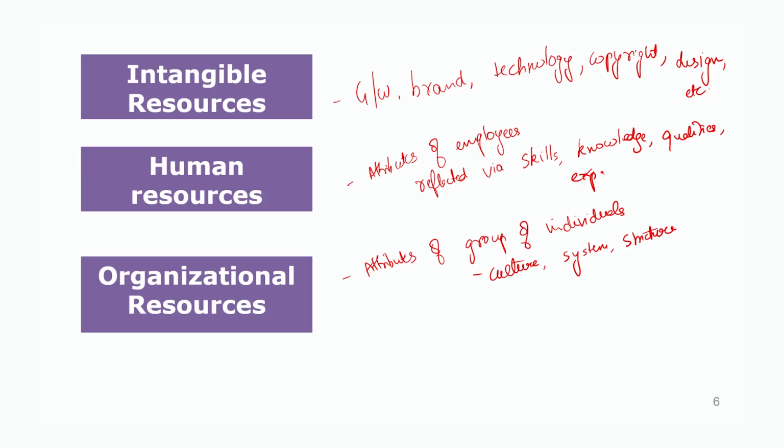For example, 3M Corporation is one of the most innovative company in the world. It has a policy of 15% flexi time, according to which all employees in the organization are required to spend 15% of their daily time on doing some innovative project. And that is the result that why the company has come out with so many innovative products.